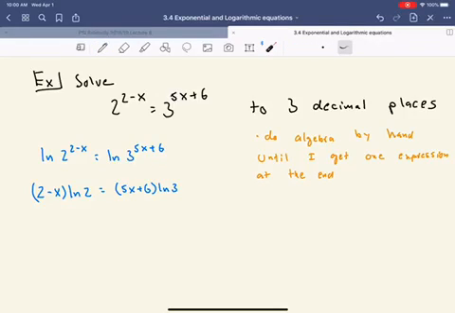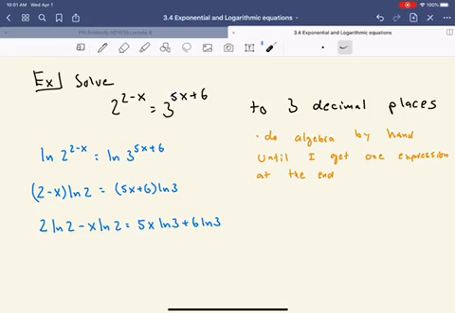Next thing I'm going to do is distribute that natural log of 2, and here distribute the natural log of 3. So 2 natural log of 2 minus x natural log of 2 equals 5x natural log of 3 plus 6 natural log of 3.